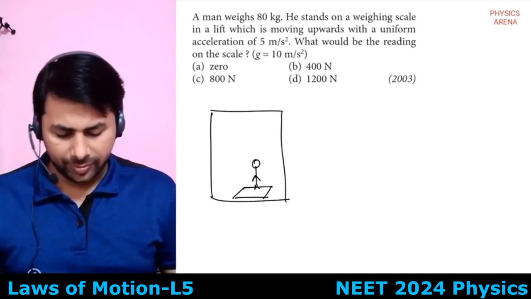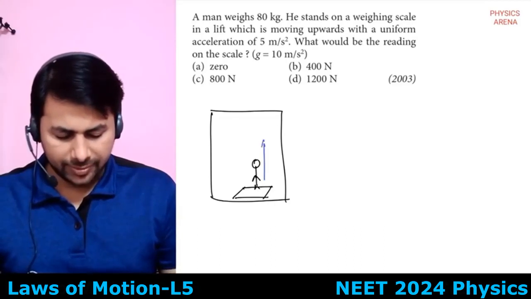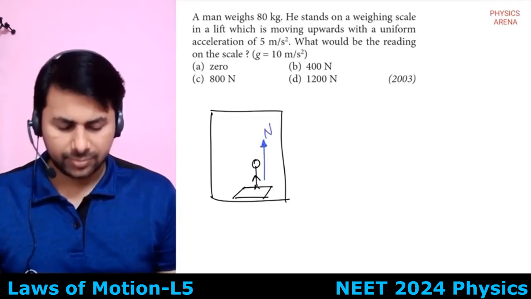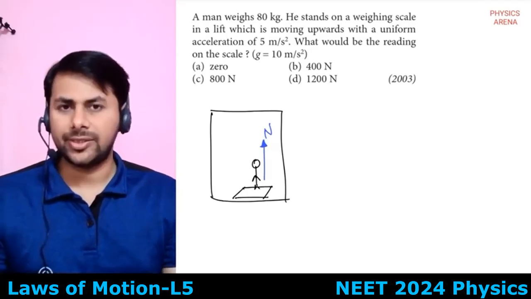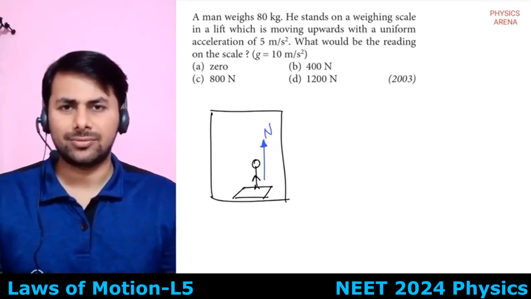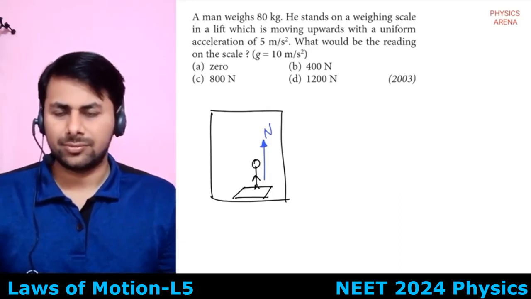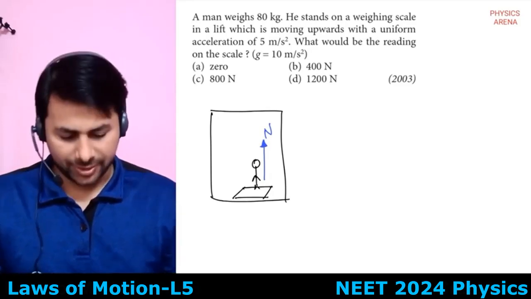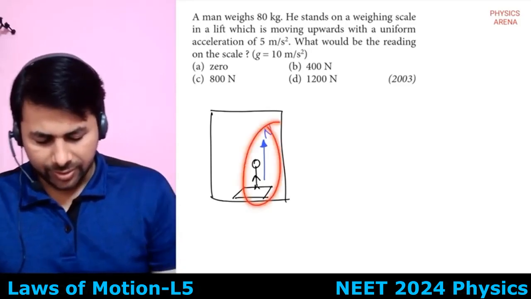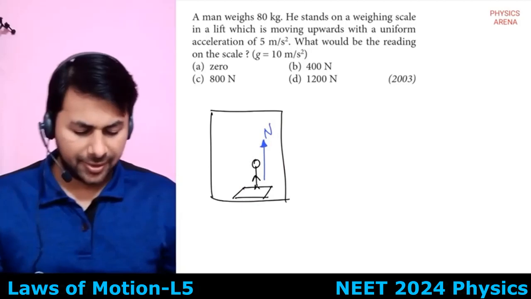The weighing scale exerts some force on the man, that is the normal reaction. We have studied how we find the weight of a person: it is due to the normal reaction, so weight is equal to the normal reaction.